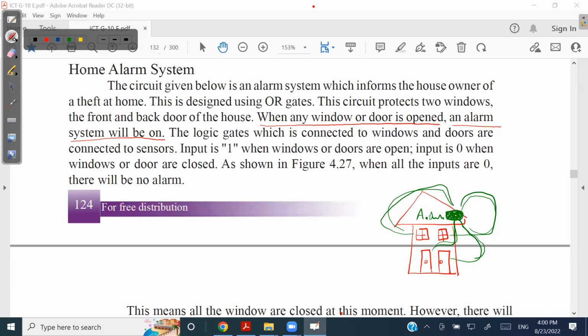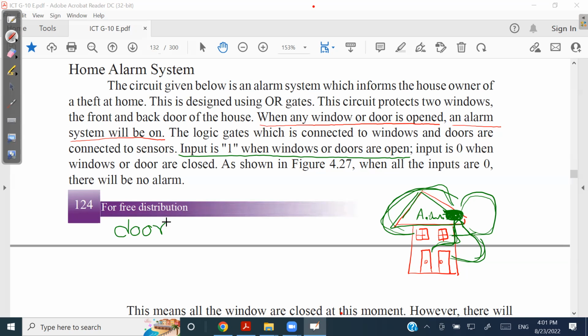So now we are given this particular house, and it has an alarm system, and that alarm system is connected with 4 sensors, connecting from 2 doors and 2 windows. Right? And it says input is 1 when windows or door are open. So this door and windows have 2 states. Since there are 2 doors, I'll take them as door 1 and door 2.